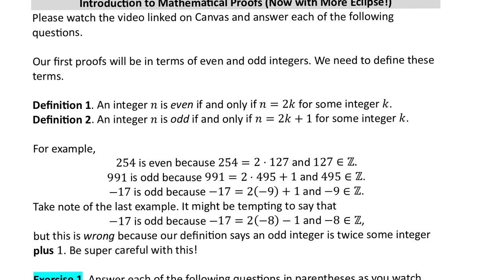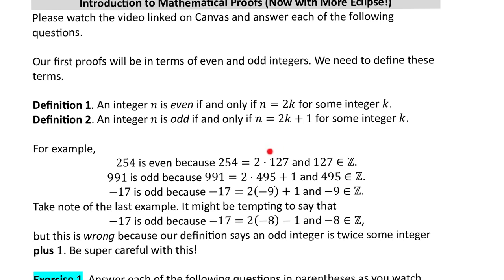I've got a couple of examples below. On the other hand, we're going to agree that when we say an integer is odd, that means that n is 2 times k plus 1 for some integer k. You have a common sense as to what even and odd integers are. You probably look at the last digit of your number. But if we use the definition, 254 is even.